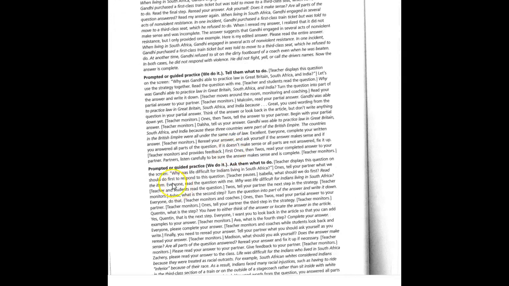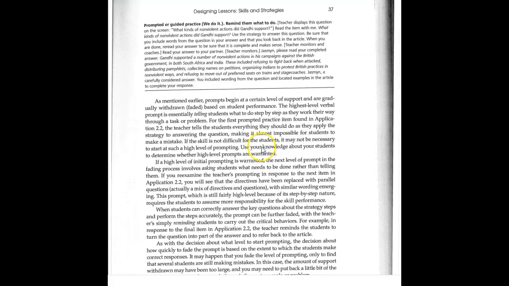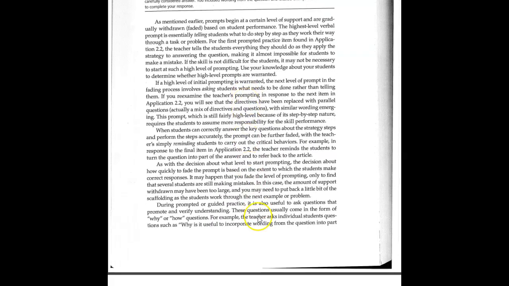And then they get into a further step in the prompted or guided practice, ask them what to do. So really involving them in the prompted or guided practice, telling them what to do and asking them what to do. Okay, and then prompted or guided practice, we do it, and then here the teacher reminds them what to do. All right, so here's just where the page ends.